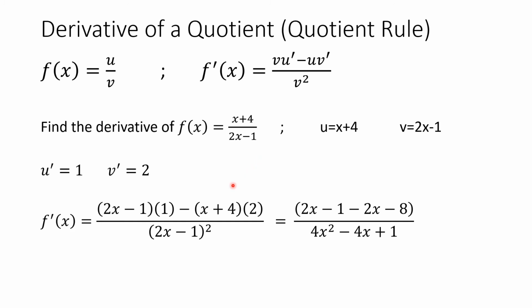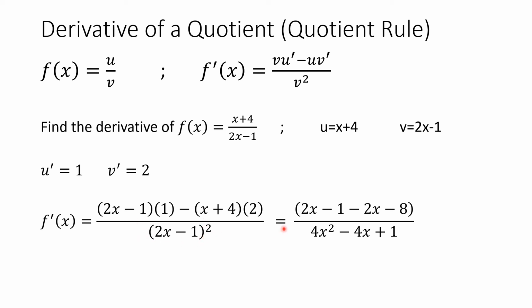So we will have, this is our v, 2x minus 1, multiplied by the u prime, which is 1, minus u, which is x plus 4, multiplied by v prime, which is 2, all over our denominator, which will become v squared. So our v is 2x minus 1, and it will be raised to 2.